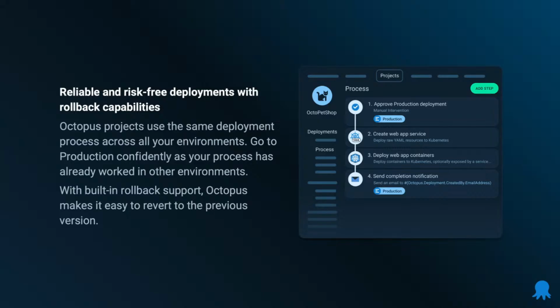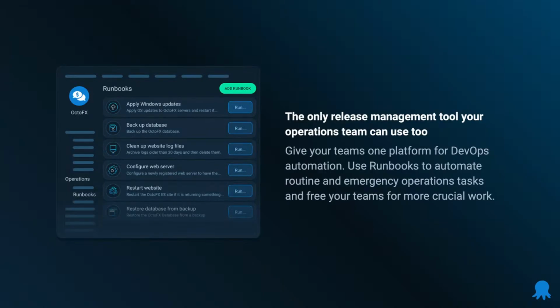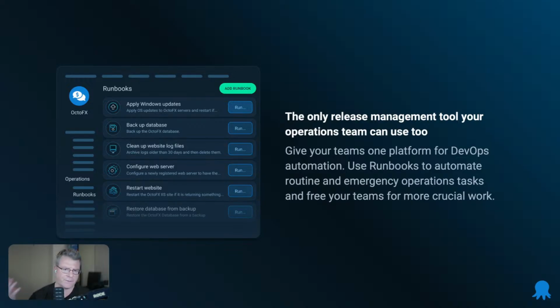In addition to that, we also have a built-in capability called runbooks. This is something I mentioned earlier, but runbooks is basically a facility that allows you to pair up your IT operations with your deployments. And this is a scenario that's often forgotten about with other solutions. Oftentimes you want to do IT operations like implement a server update or a database roll-up, or you may want to restart a website, for example.